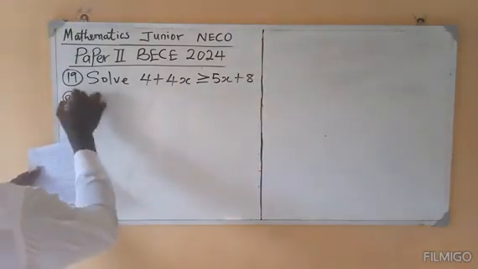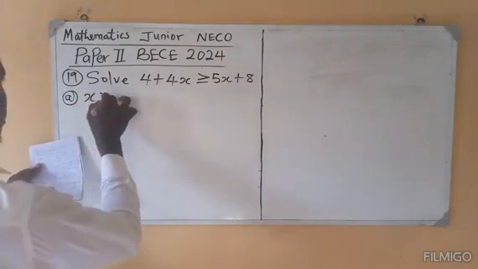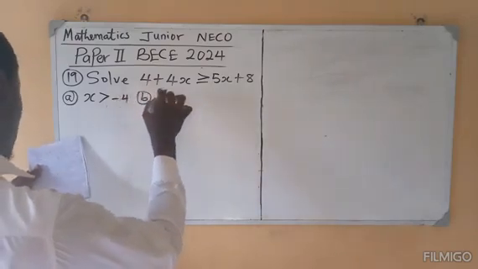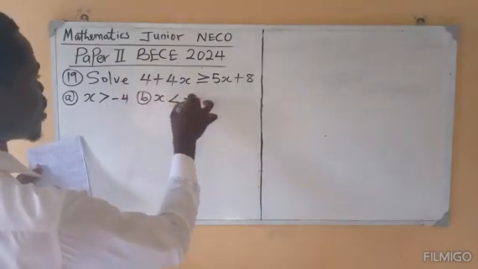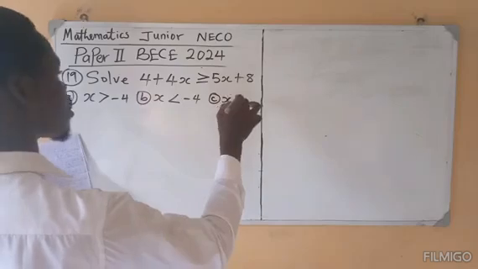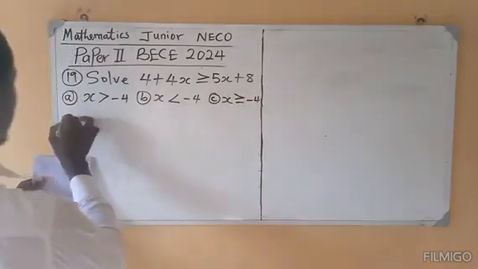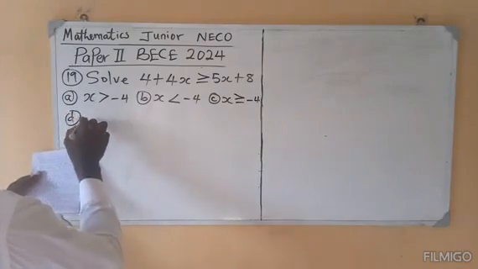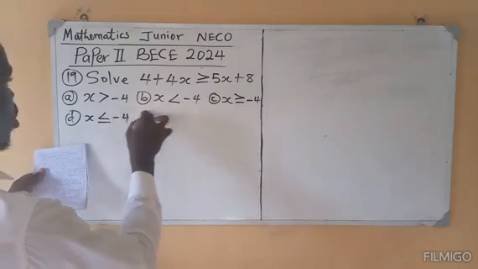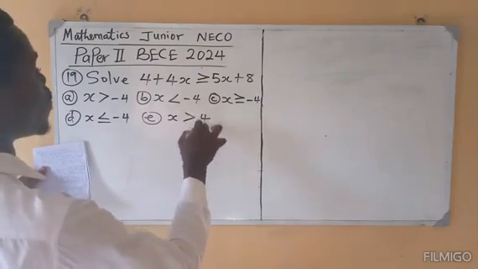The options given are: A, x greater than minus 4; B, x less than minus 4; C, x greater than or equal to minus 4; D, x less than or equal to minus 4; option E, x is greater than 4.